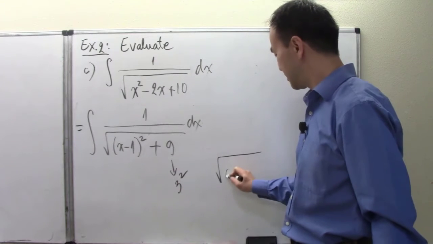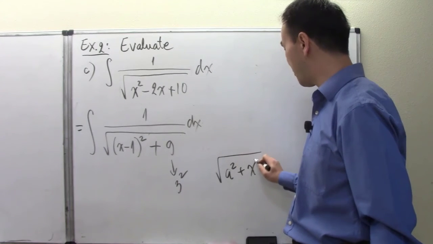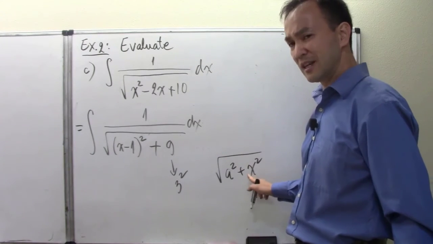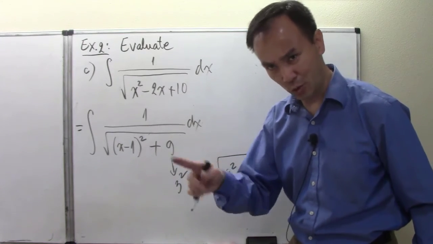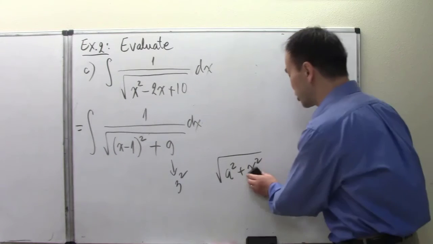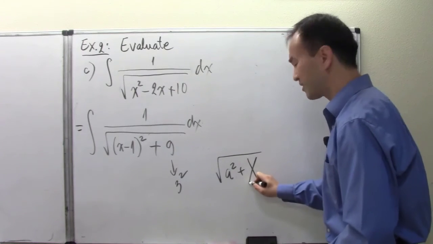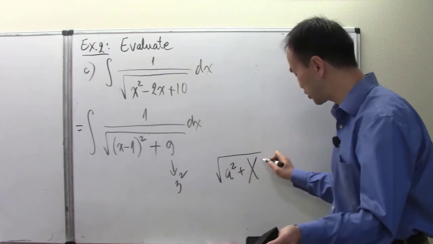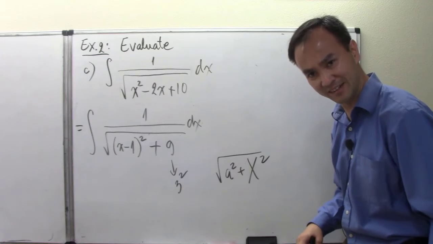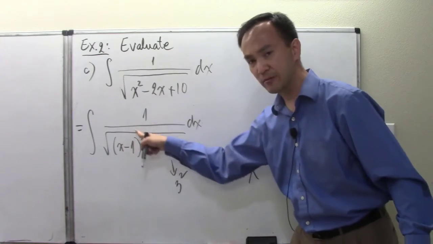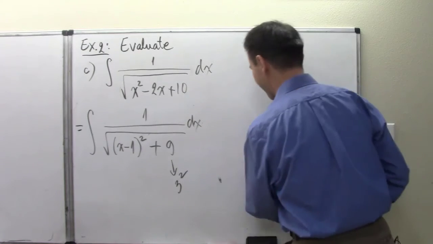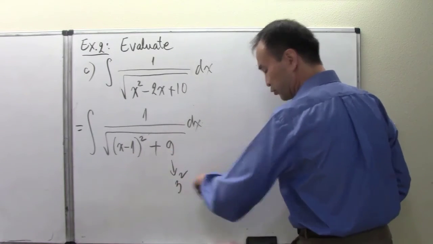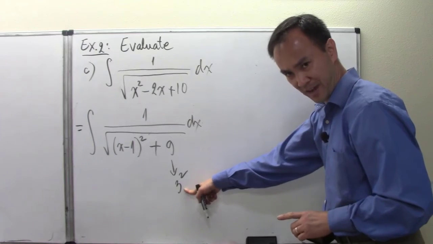But in your a squared plus x squared formula, it's intended to be not only a single variable x being squared, but it can also be understood as a variable expression squared. That's the idea. Again, the 9 here is a 3 squared, so your a is 3.